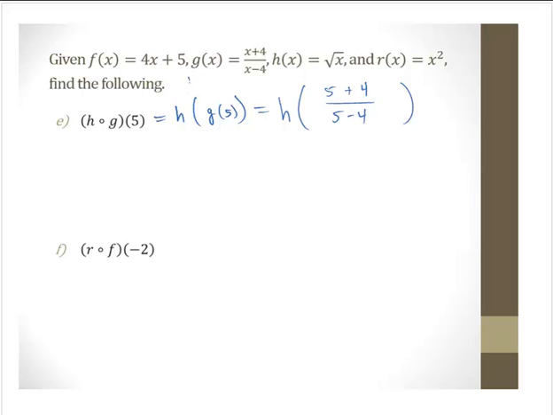Because there's our g function. 5 plus 4 over 5 minus 4, that's 9 over 1. So then this becomes h of 9 over 1, which would become h of 9. Now h of 9 is the square root of 9, which is 3.